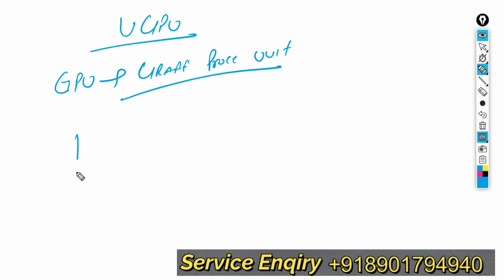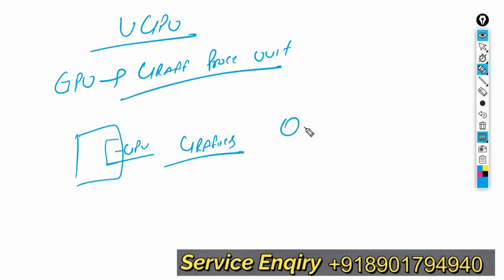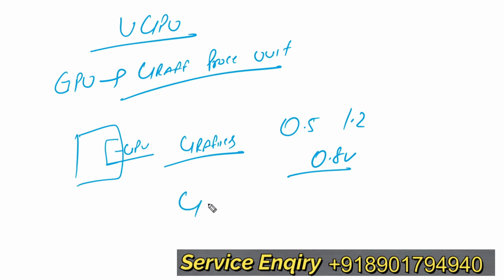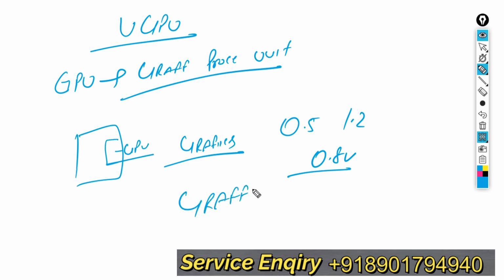In your SoC, in a mobile phone, there is a part called the GPU for graphics. In this line you will get 0.5 to 1.2 volts, and the default voltage is 0.8 volt.